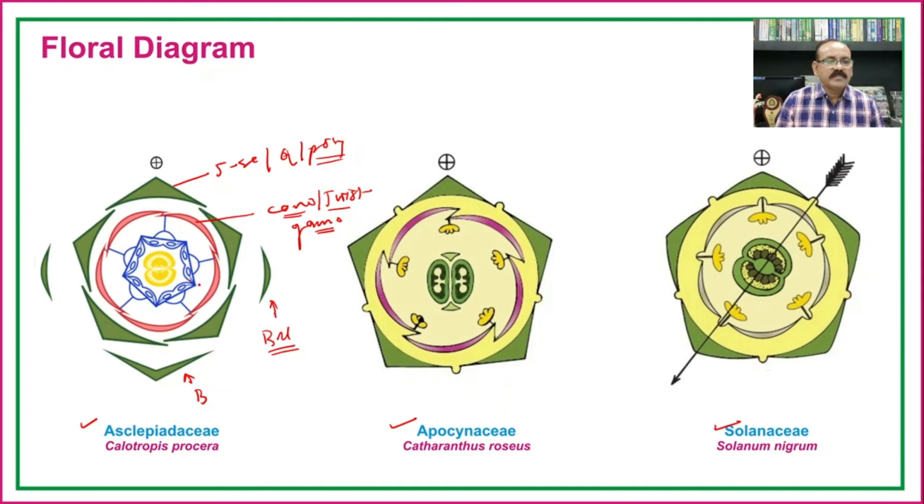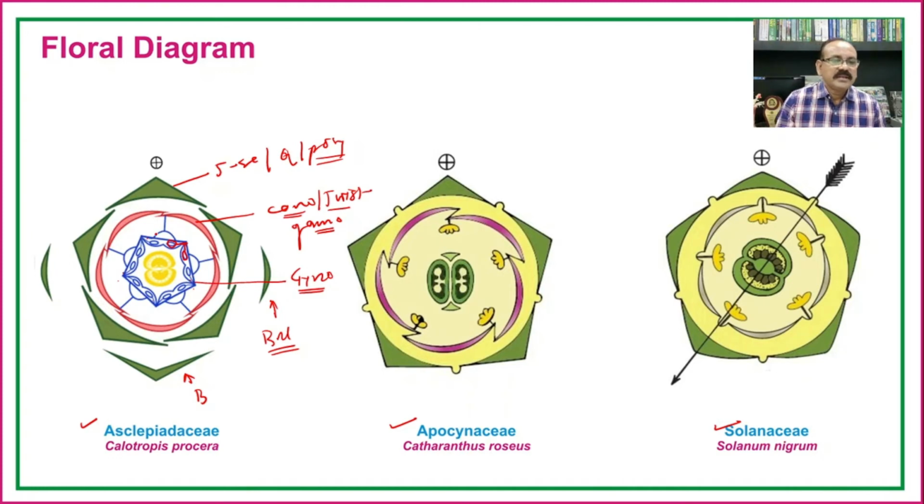In the center there is a gynostegium, which is the characteristic feature of Calotropis procera of the family Asclepiadaceae. Here the pentagonal disc is drawn, and on each corner there is a pollinium. So such 5 pollinia are present at 5 different corners of the gynostegium or the stigmatic disc.